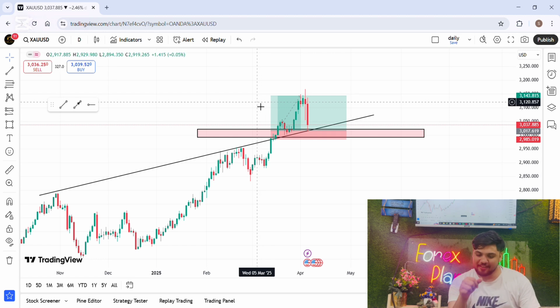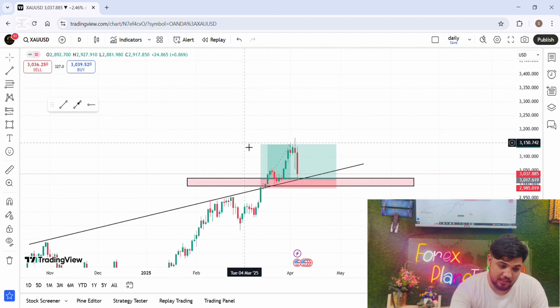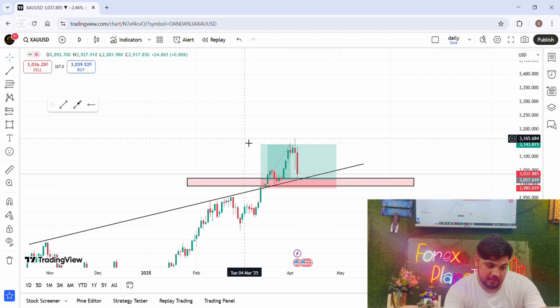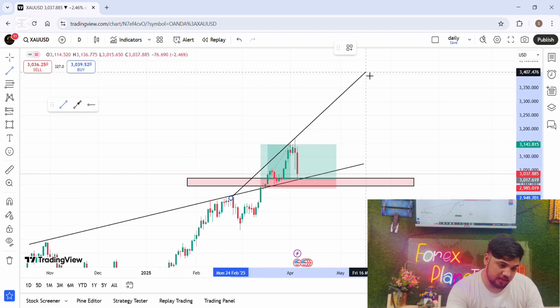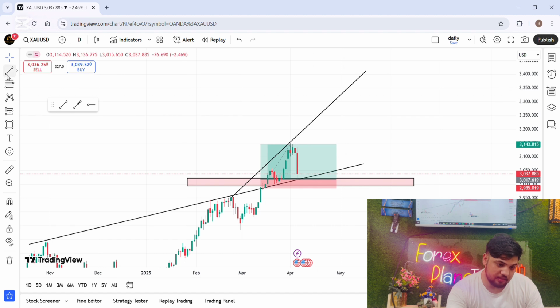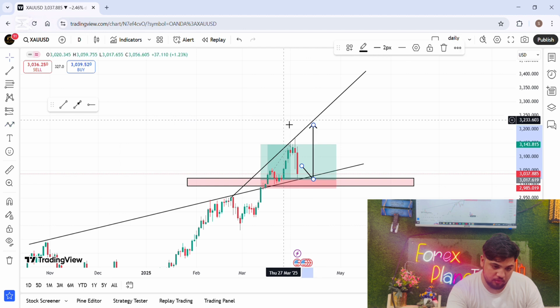And what is the target? Let me show you. Normally you will find the target at 3151, but if I take a trade here, then I am going to take the target from this zone, which is almost 3215.